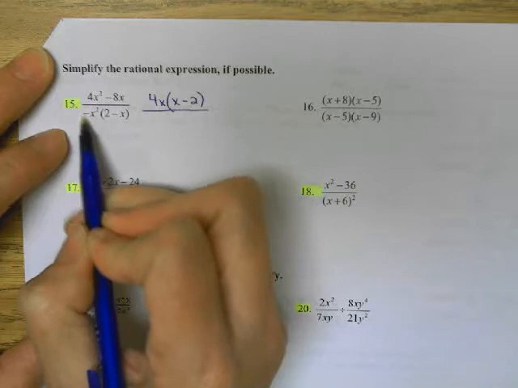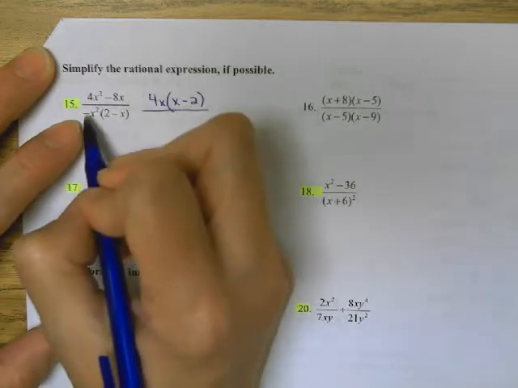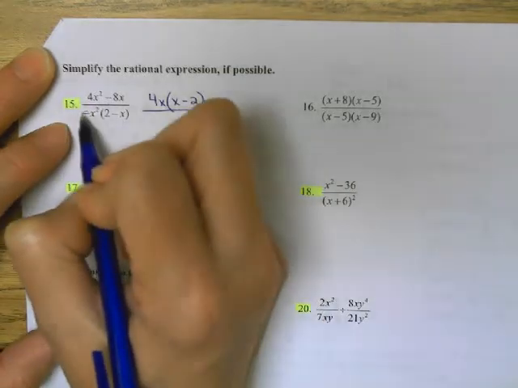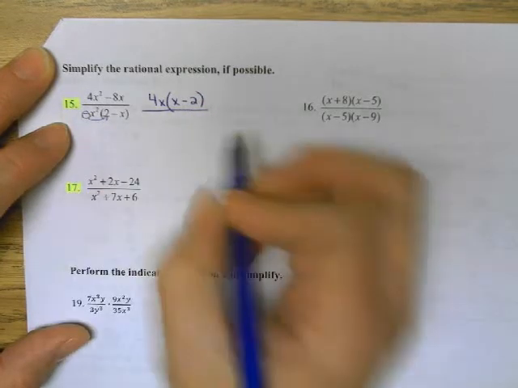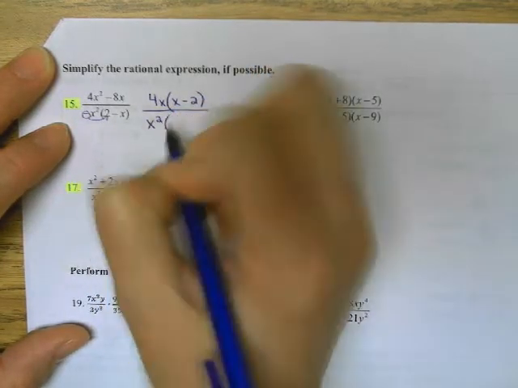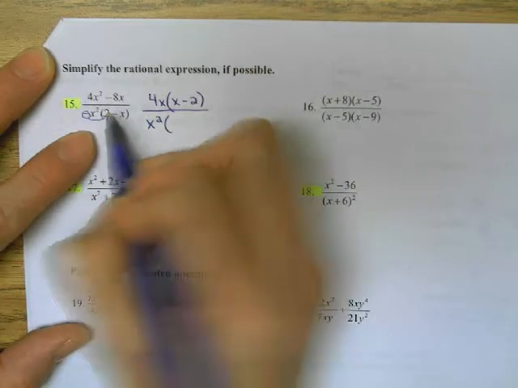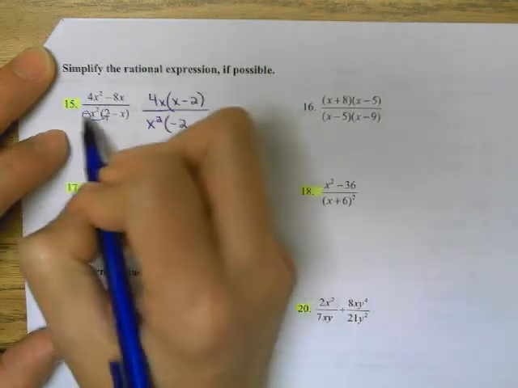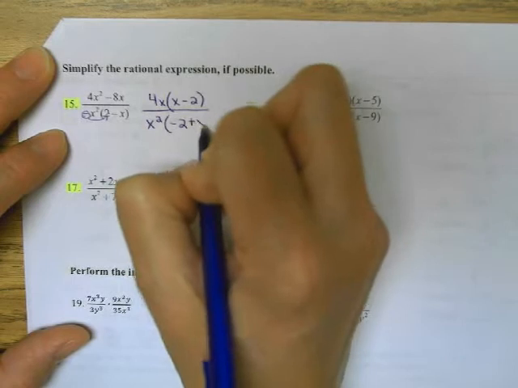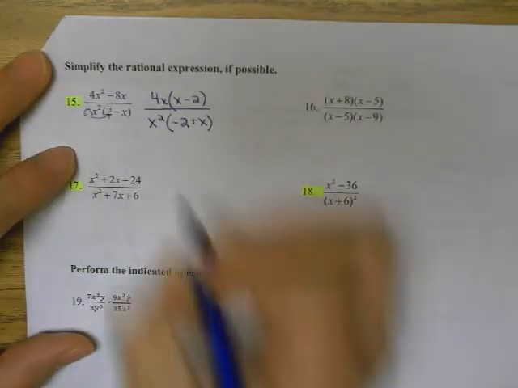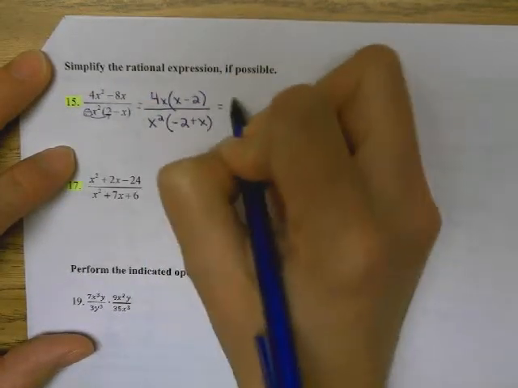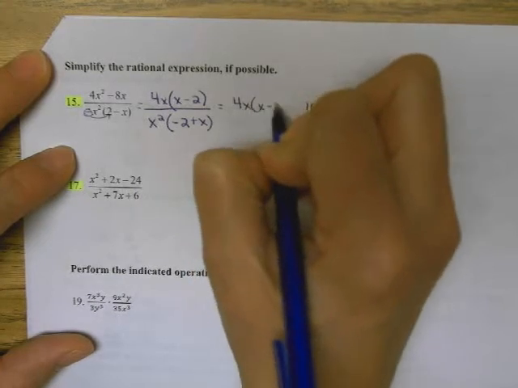Now down here in the denominator, I have this negative in the front. I'm actually going to distribute that negative through to this parentheses. So a negative times a 2 is going to give me a negative 2. A negative times a negative x is going to give me a positive. Now I know in that form it's a little hard to see, so I'm going to rewrite one more time.